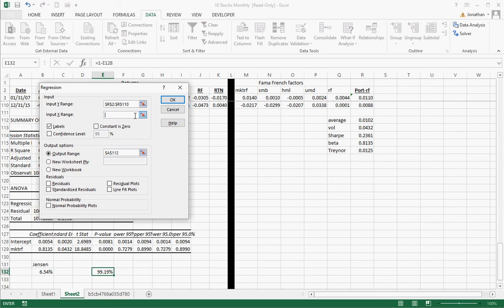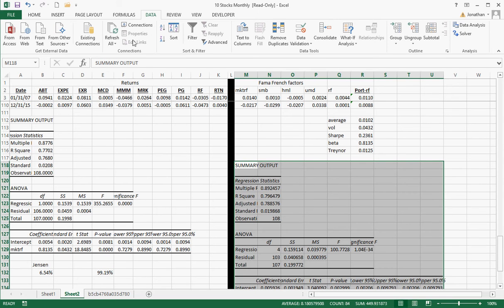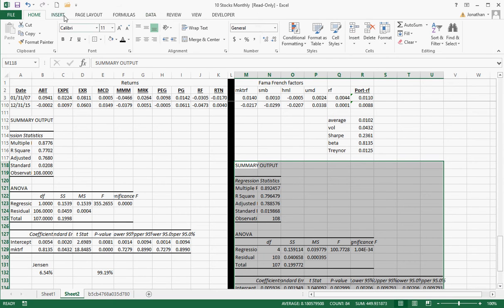Get rid of the X. Click on market, period, go across with the arrow key, and then control down, and that has all of my X's. They all need to be together so I can give that range that way. And then my output, let's put the output right here. Click OK.